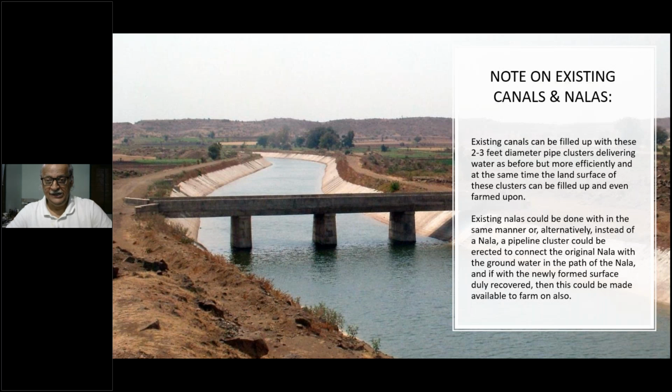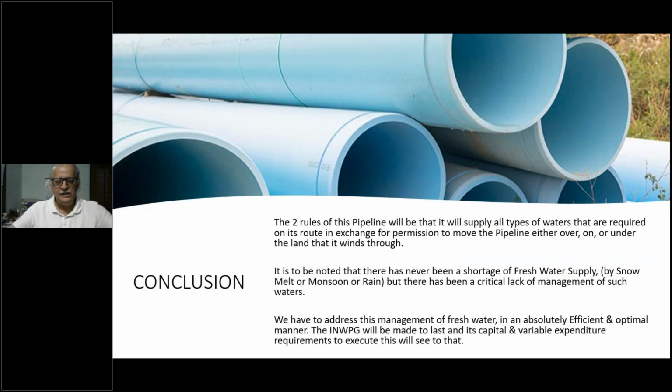And then the conclusion of this presentation is that there are 2 rules of this pipeline: that it will supply all types of waters that are required on its route in exchange for permission to move the pipeline either over, on, or under the land that it winds through.